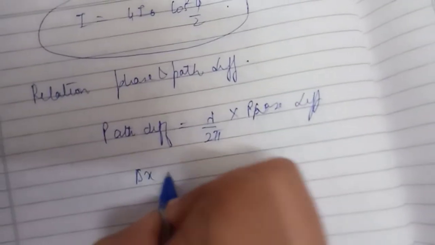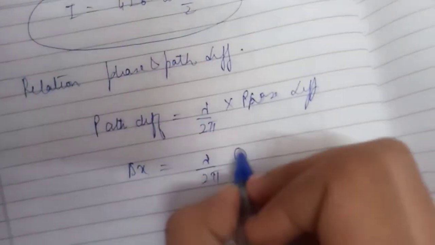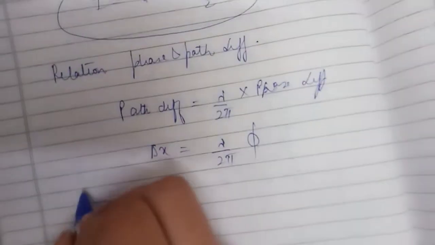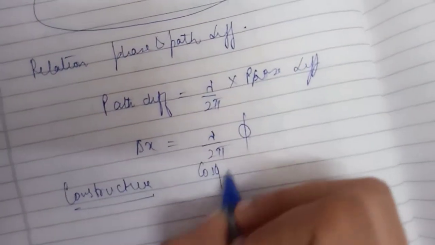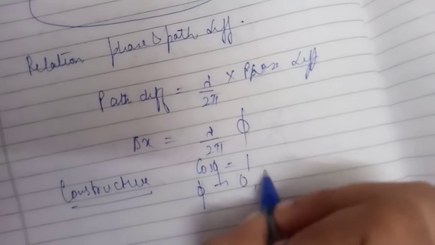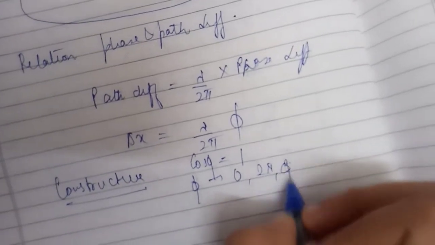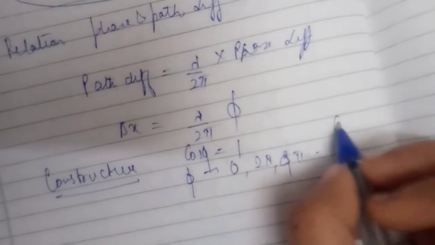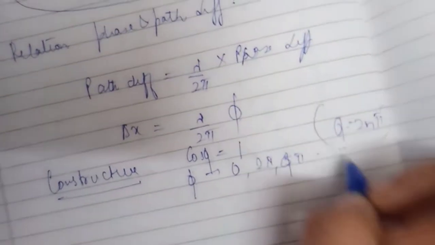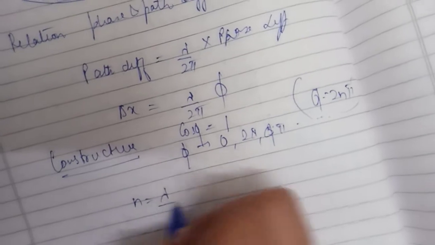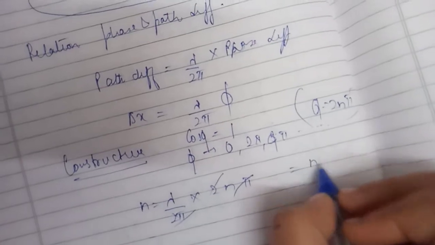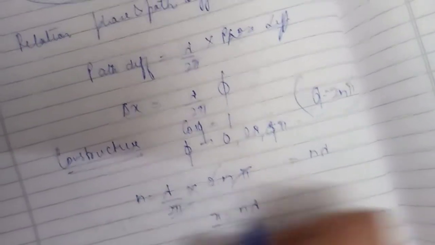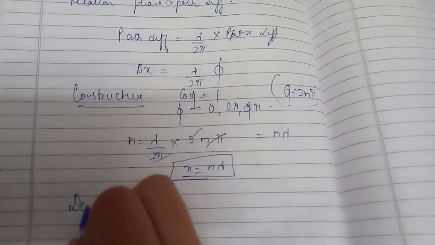So the path difference is delta x equals lambda by 2 pi into phi, and if it is a constructive one, then cos phi will go as 1, then phi could be 0, 2 pi, 4 pi, even multiples, so phi could be 2n pi. So delta x equals n lambda for the constructive one.